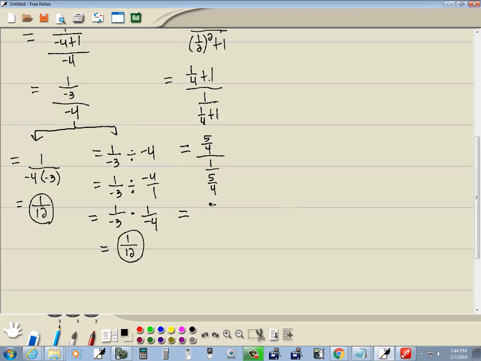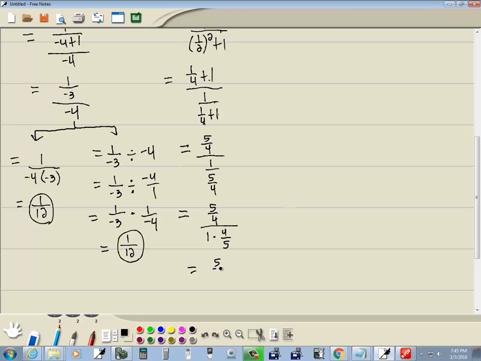Now, the 5/4 just remains up on top, but down here, if you have a 1 here and then a single fraction here, you could flip this and multiply it times the top. So you take 1 times 4/5. Now that's just dealing with the denominator here. You could also rewrite it as 1 divided by 5/4 and then use the same trick as what we did over here by taking the reciprocal.